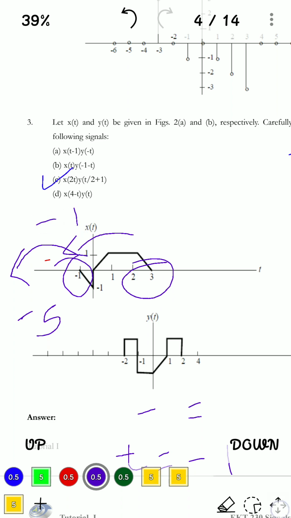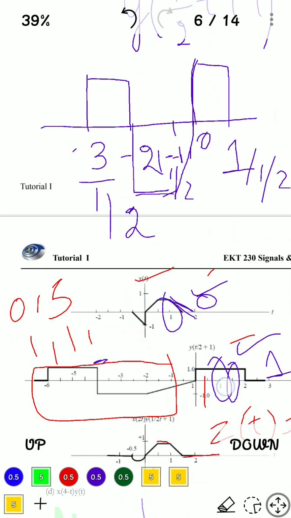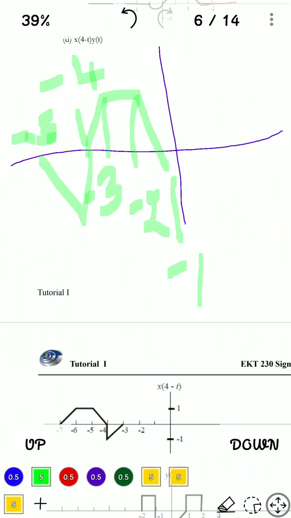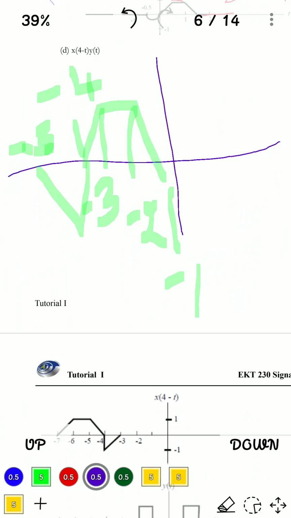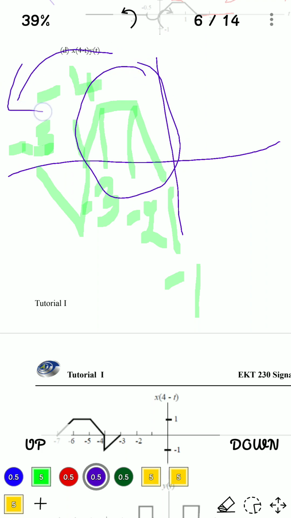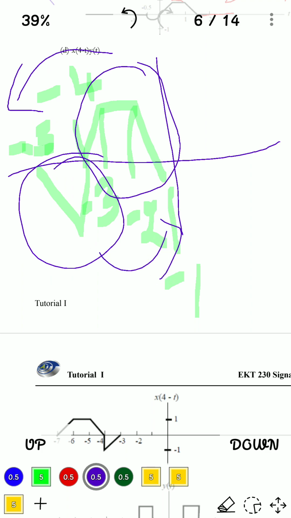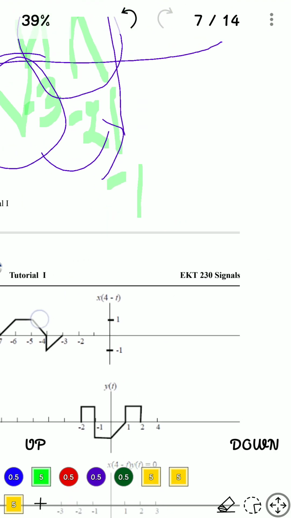That is what you got over there. Now after you reflect this signal, this part will come to this side, and this triangular part will come to this side. That is the resultant.